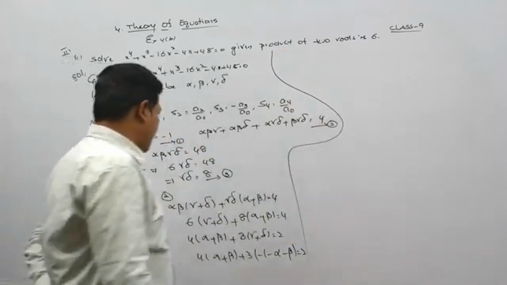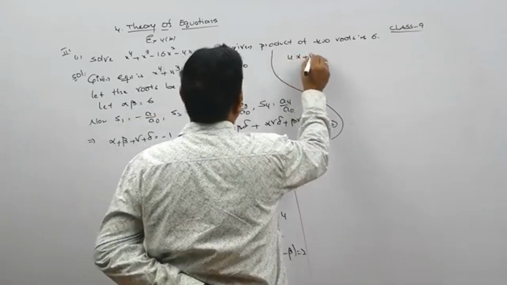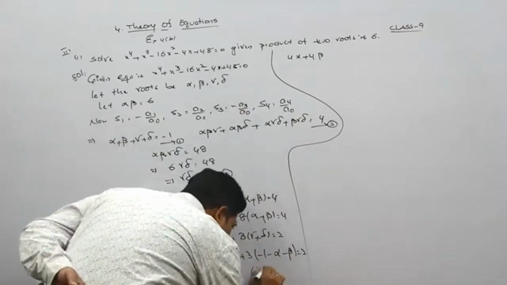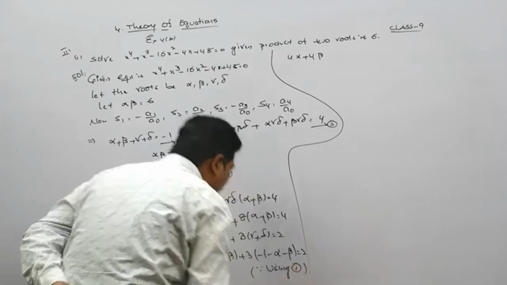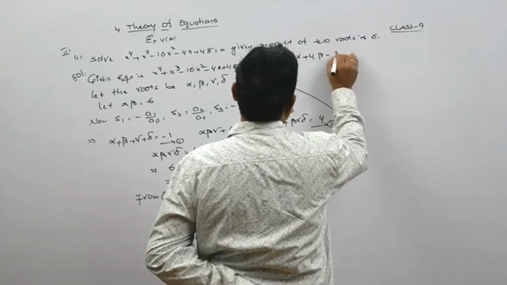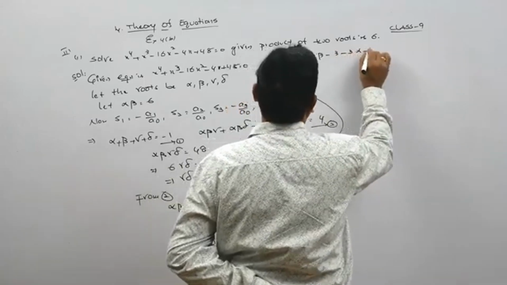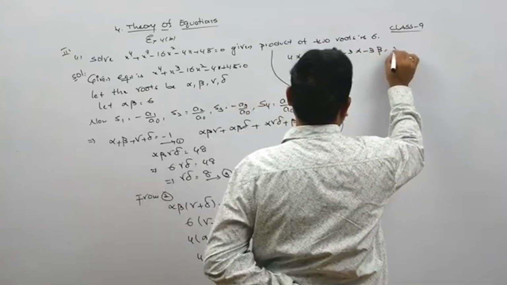Now doing simplification here, 4 alpha plus 4 beta, using 1, just in the brackets you write using 1. 4 alpha plus 4 beta minus 3 alpha minus 3 beta is equal to 2.